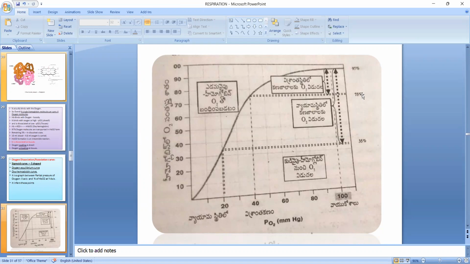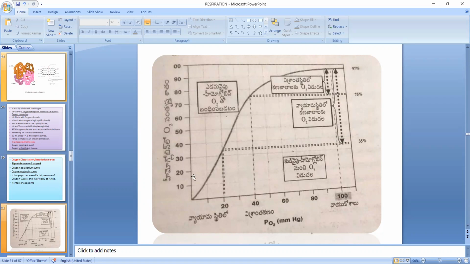So 97% saturation is observed at the alveolar region, where the partial pressure of oxygen is almost 100 to 104. These are some of the points that can be understood with the help of this graph.